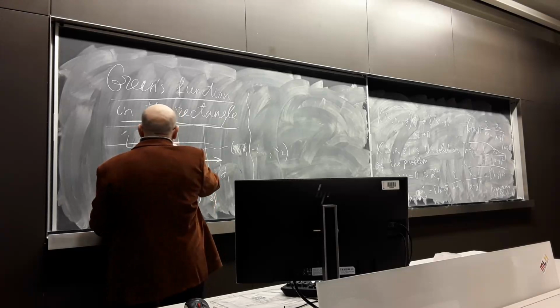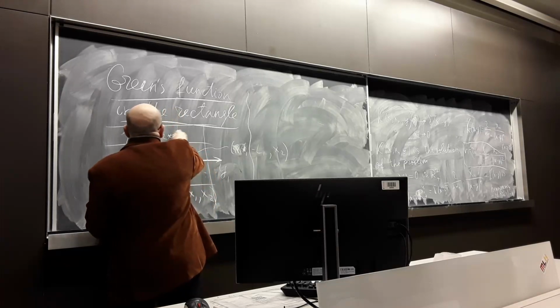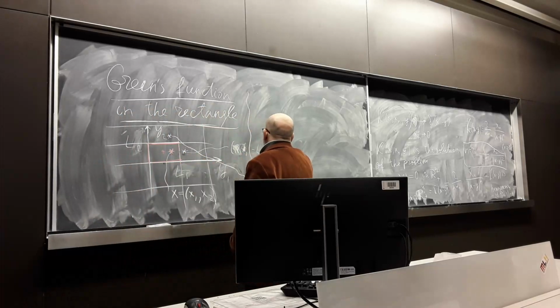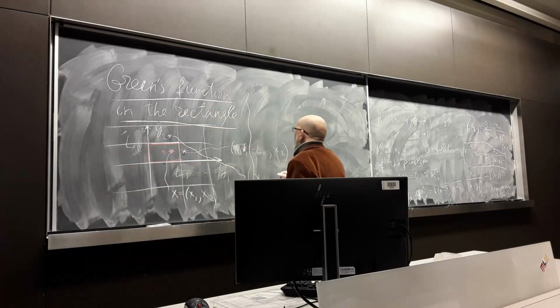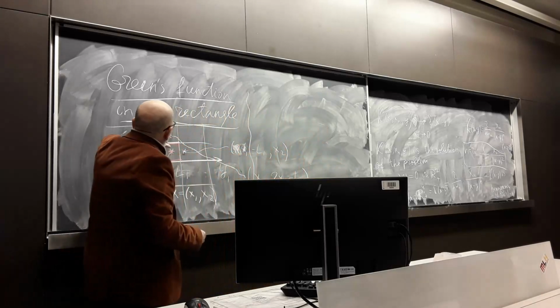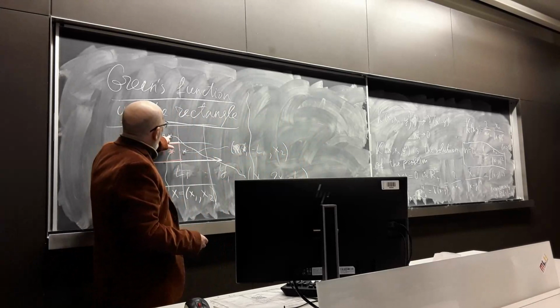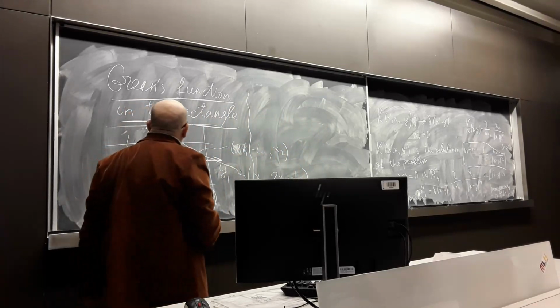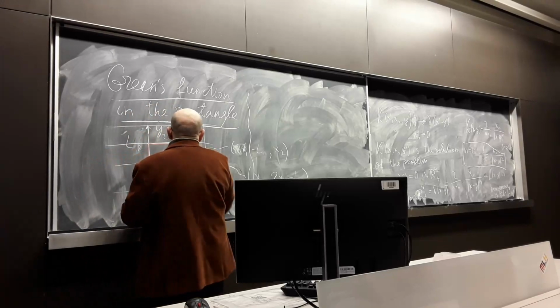Now let us reflect this point in this direction, to get x1, 2L2 minus x2. This point is obtained from this by reflection, and we put the sign minus here too.